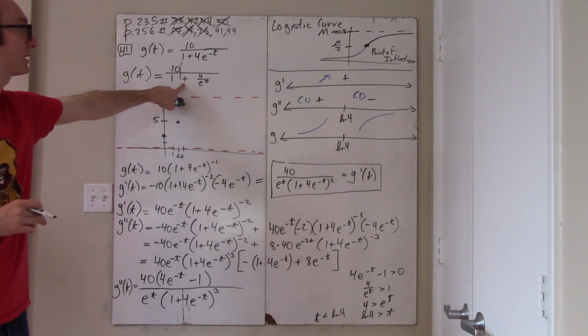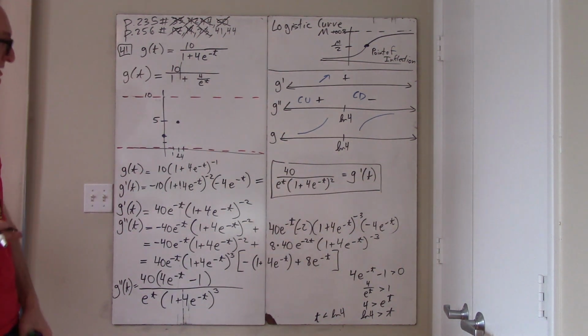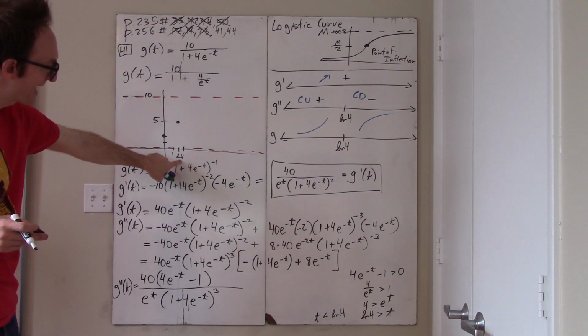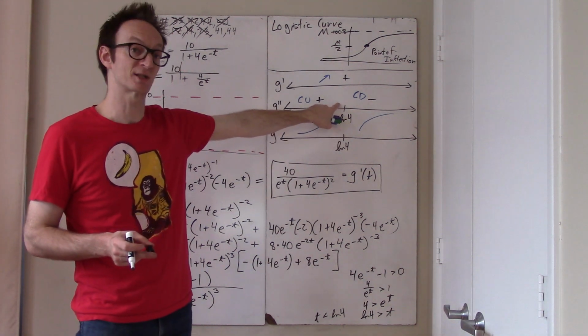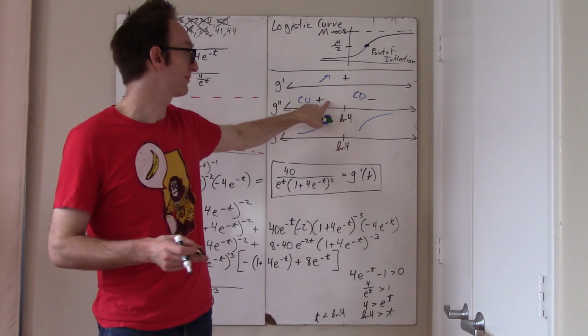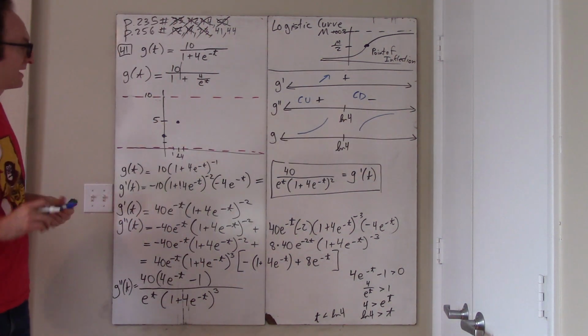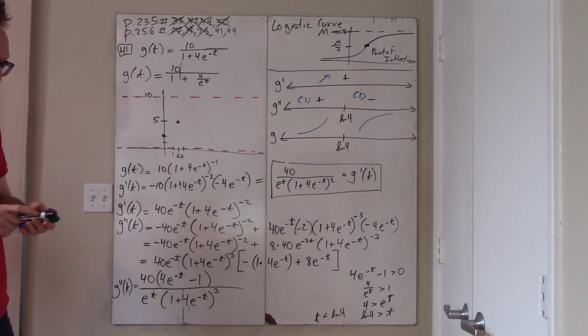But for this particular logistic curve, which was basically generic as far as I'm concerned, we've proven that it is precisely at x equals ln 4 that I have a point of inflection where the concavity changes from concave up to concave down. And when you plug in ln 4, you get 5, which is half of this number, and that's not a coincidence.